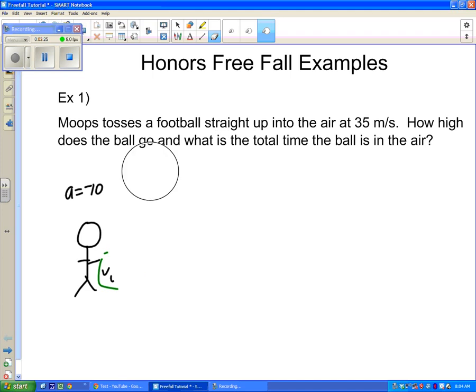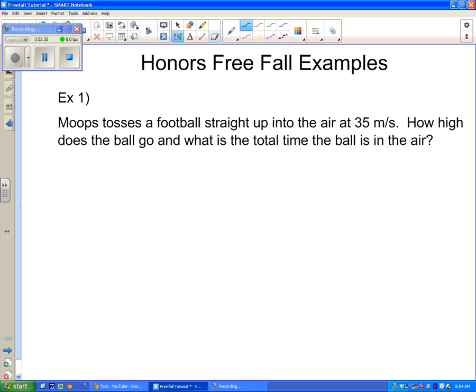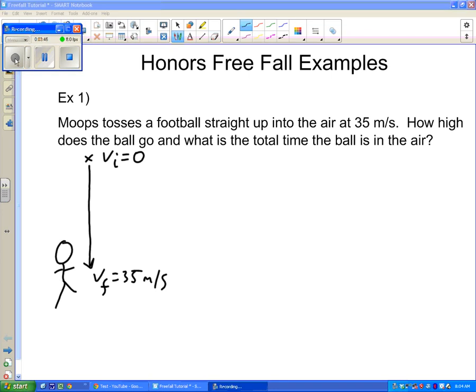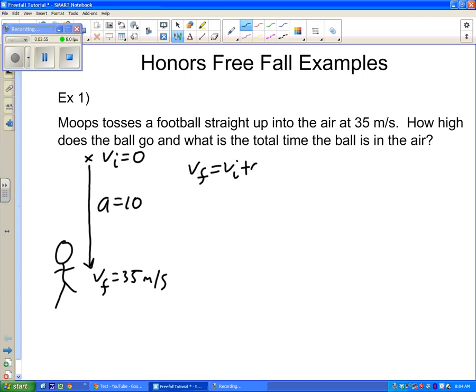So for our example here, we said we had Moops. We're going to focus on the down part only. So we know the final velocity is 35 meters per second. We know the initial velocity is 0. And we know that A is 10. So we have our equations, and we have our x.